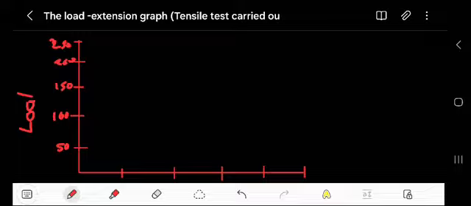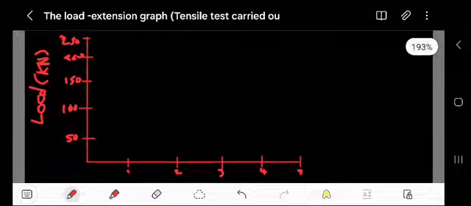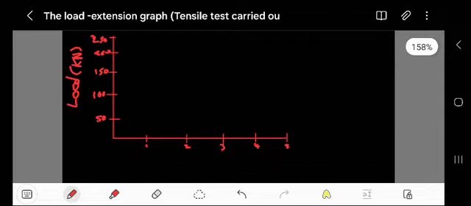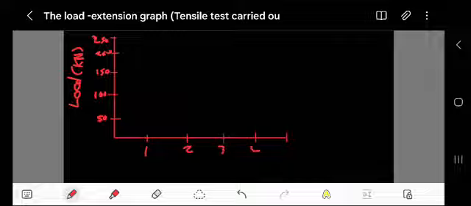This is the load and it will be in kilonewtons, so we have 1, 2, 3, 4, 5.